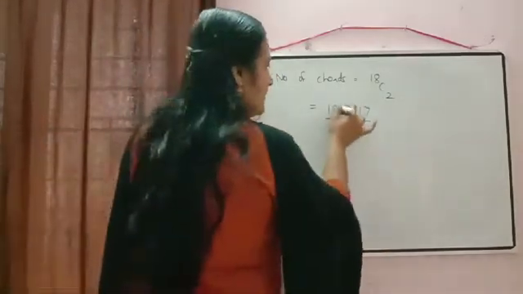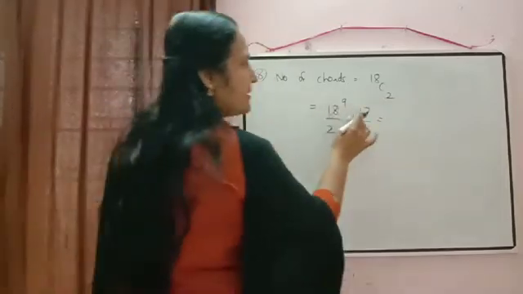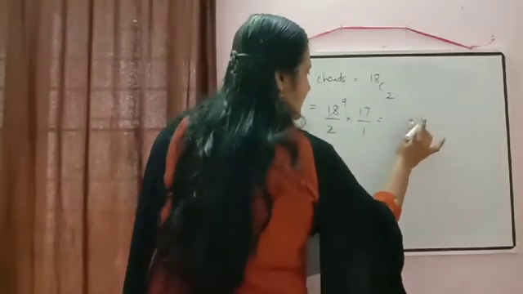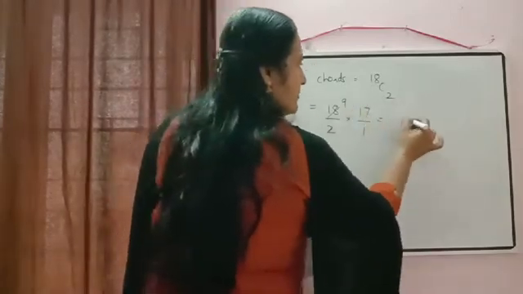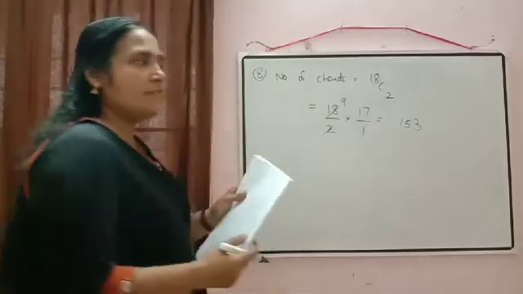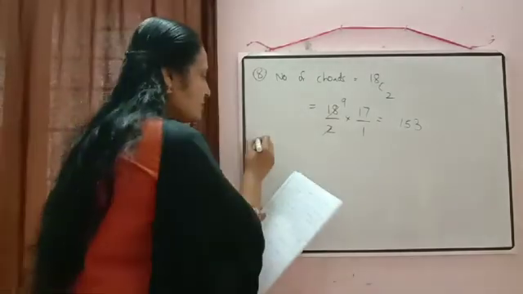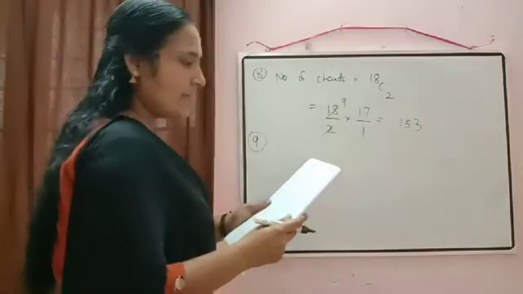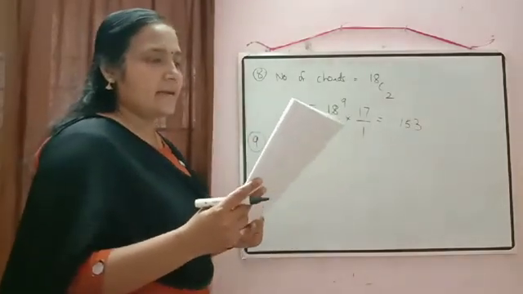Then here we can do the cancellation there, and then directly you can multiply here. 9 sevens are 63. Carry over 6, 9 ones are 9 plus 6, 15. So 153 will be the answer. Okay. Then ninth question is, in how many ways can a committee of 5 members be selected from?